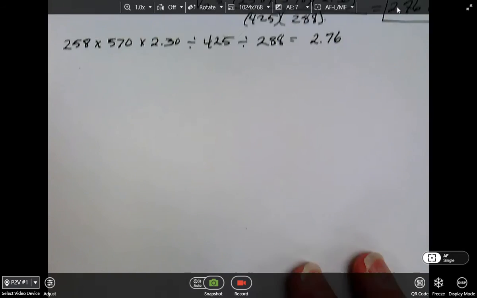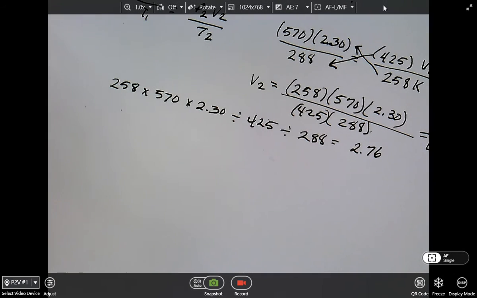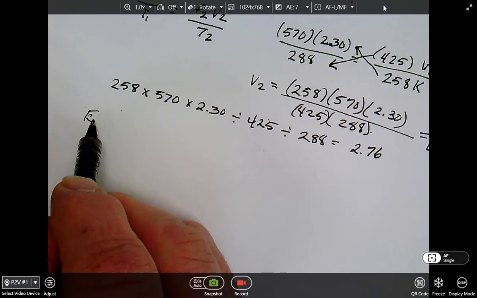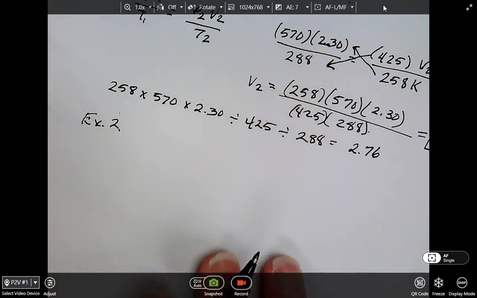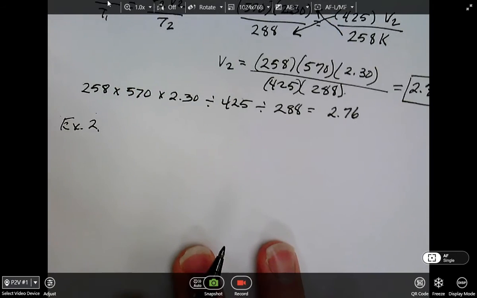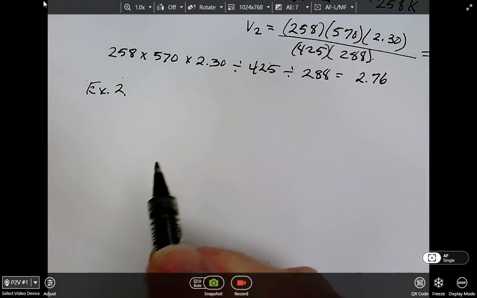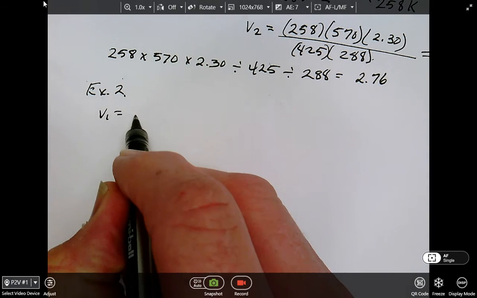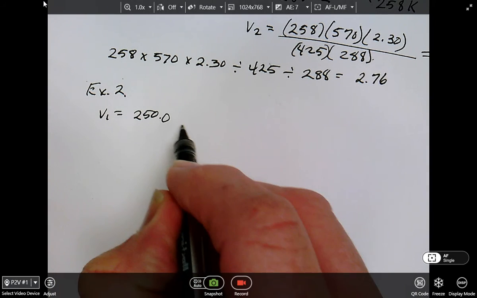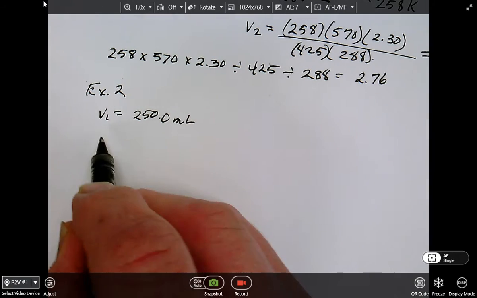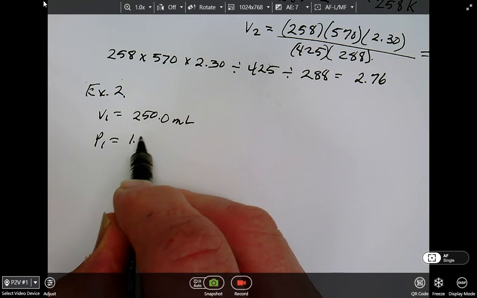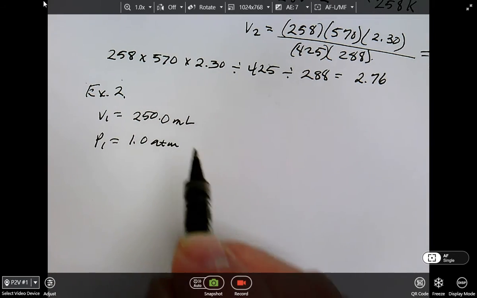Example number 2. All right, so what are some things that we know here? We know that our volume, V1, is 250.0 milliliters. We know that our P1 is 1.0 atmospheres.